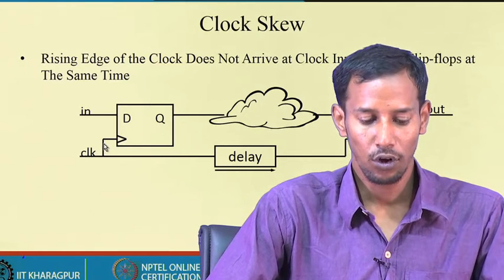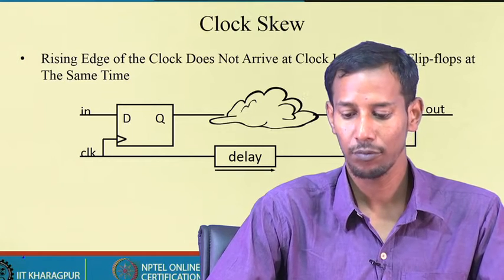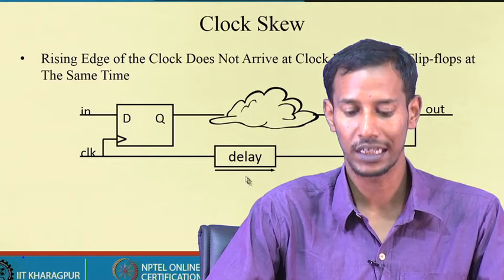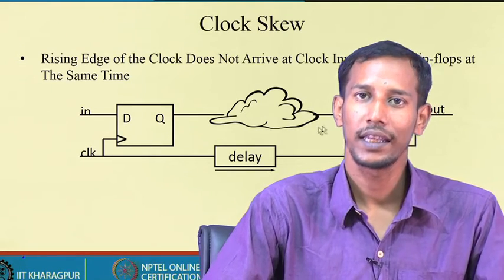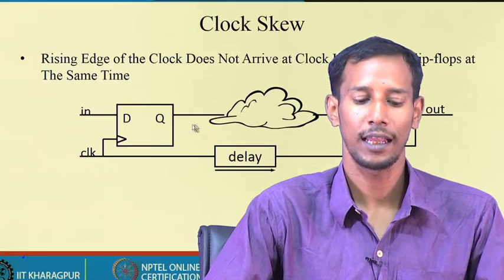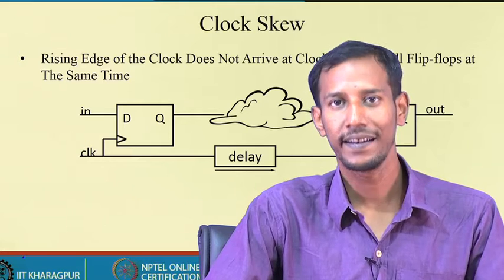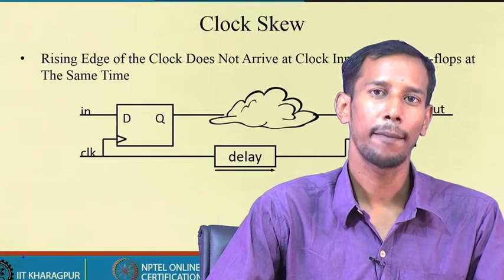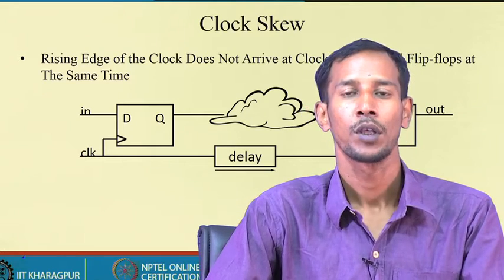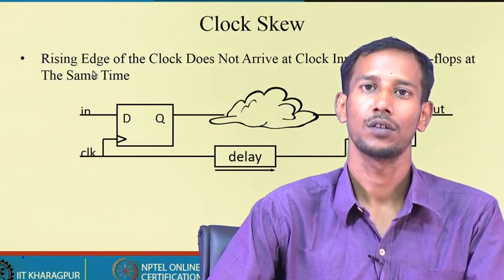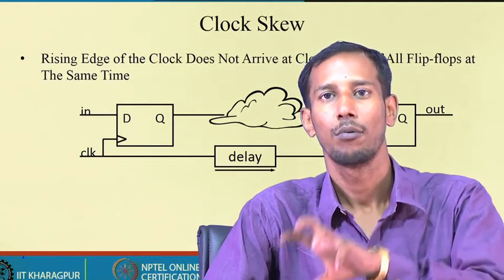here you see the clock is applied to the first flip flop, and then to the second flip flop with some delay. Delay means that if I use a gated clock in any of the flip flops, the clock applied directly and the clock applied after some gated logic will differ in the arrival of the clock edge at those flip flops.